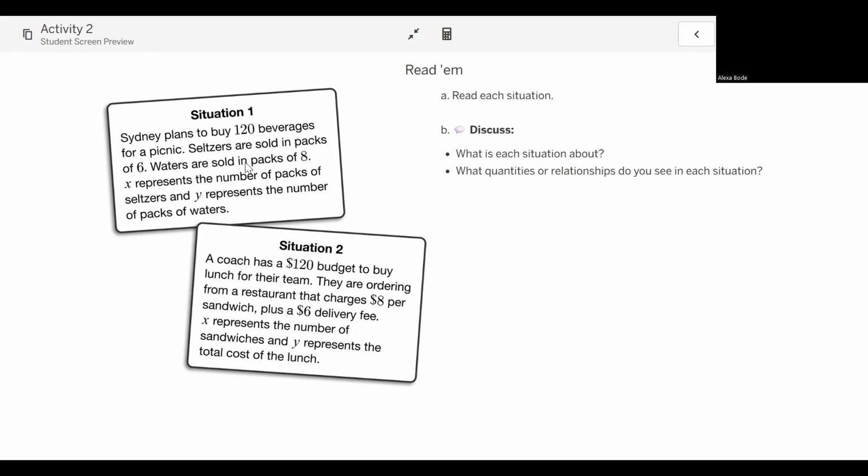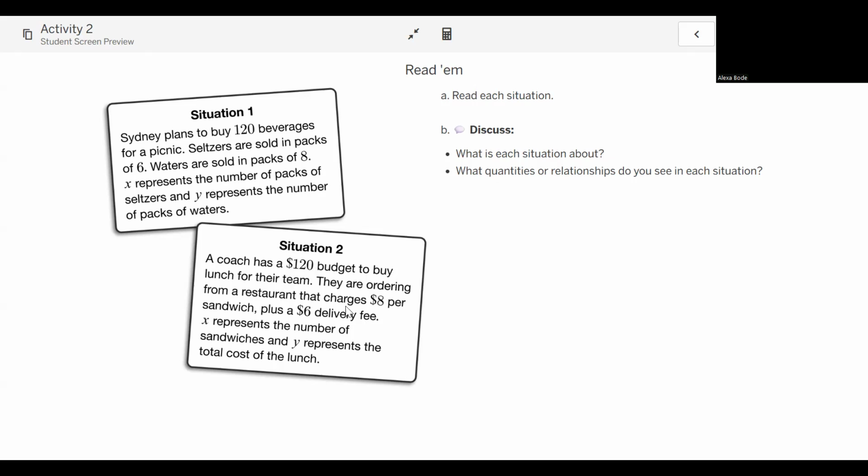X represents the number of sandwiches and Y represents the total cost of lunch. So here Y is representing the total. So yes, this gives us our total that the coach has to buy lunch.